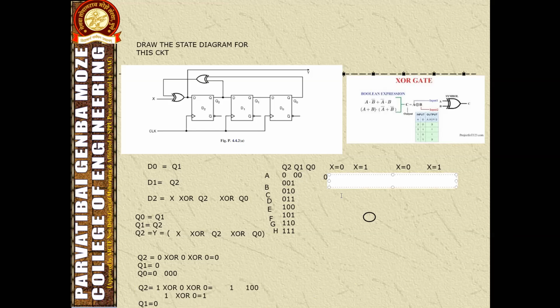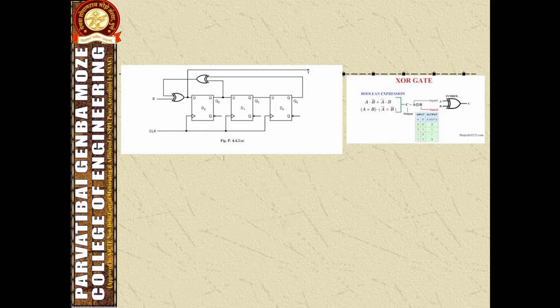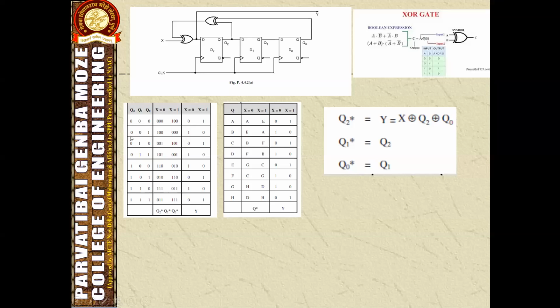So we have to calculate for all these combinations starting from 0, 0, 1. Now we have to pass this data with the input x here. Then certainly we are getting the values here. After that we have to decide the state. So for all the possible values, we have to calculate the present state.